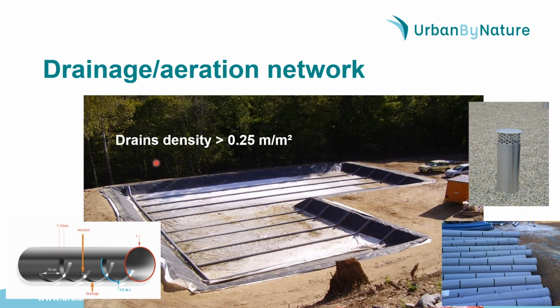The minimum drainage density of the drainage networks is about 0.25 meter per square meter of filter surface. Each drain needs to be connected to the atmosphere through an aeration chimney, which is essential for the air diffusion within the filter and to ensure aerobic biodegradation.